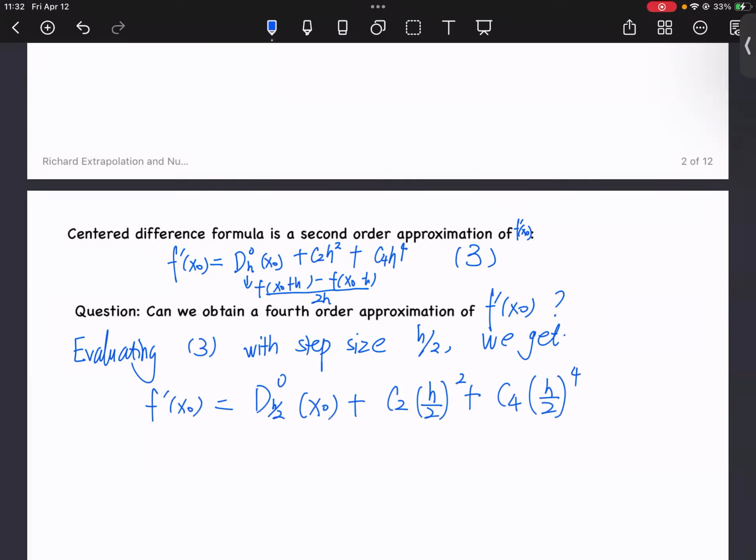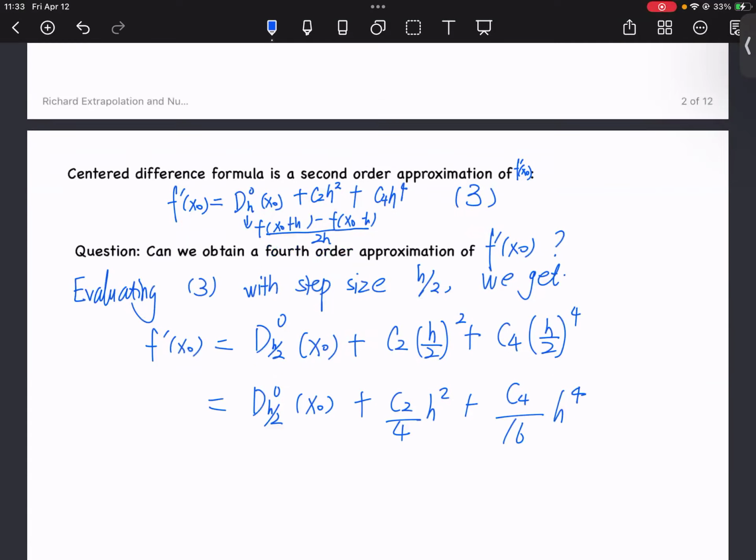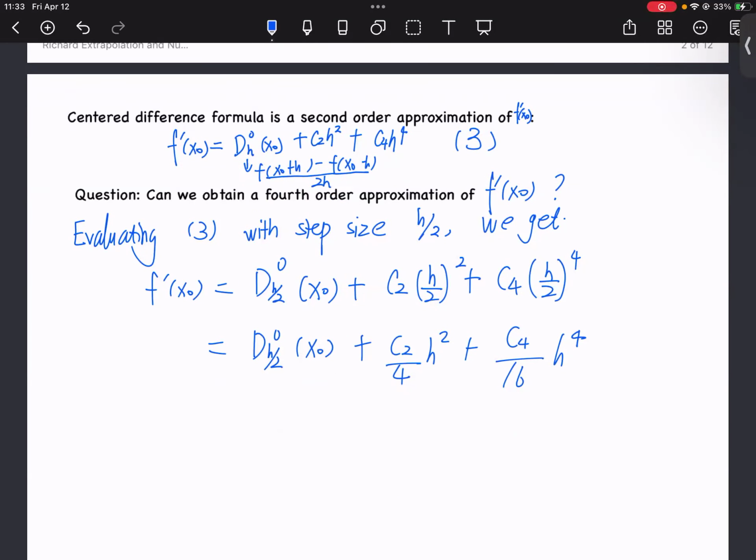So what do I have here? I have D, h/2, 0, f(x0), and then C2 h squared over 4, C4 h to the fourth over 16 for fourth order. Do we know what this means here?